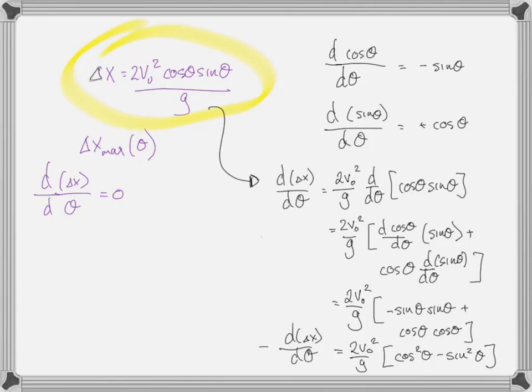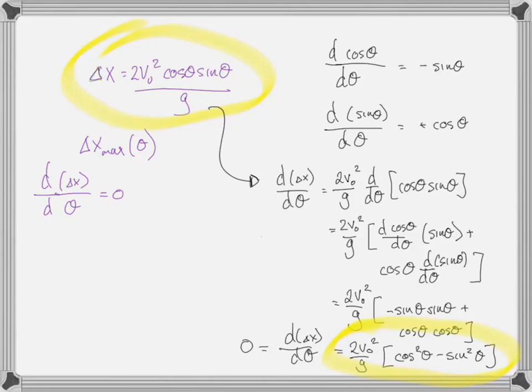And we want to set that equal to 0 because that's where delta x is going to be a maximum. If we set this function equal to 0, then cosine squared theta equals sine squared theta. That's the only way that can equal 0.